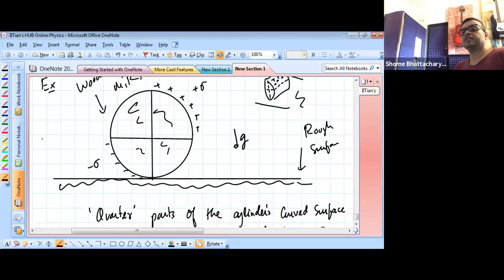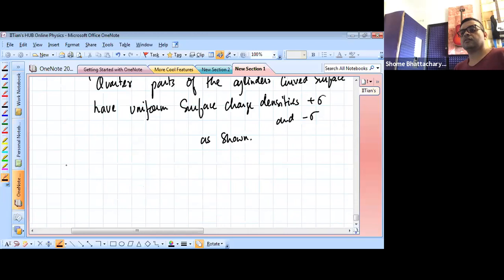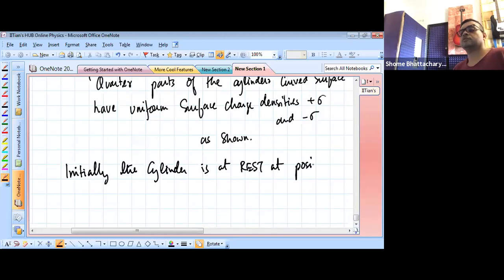This is our gravity's direction, and we are taking x-axis like this and y-axis like this. Now, initially the cylinder is at rest at the position shown.